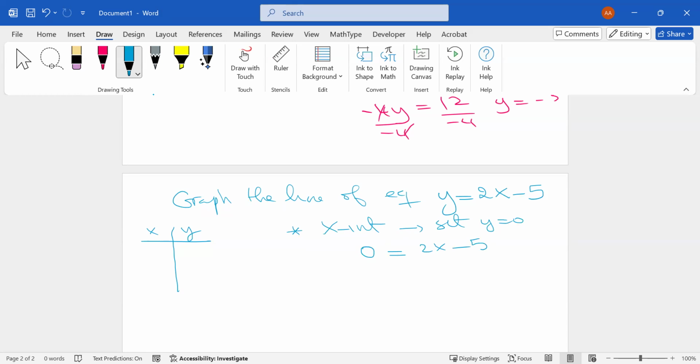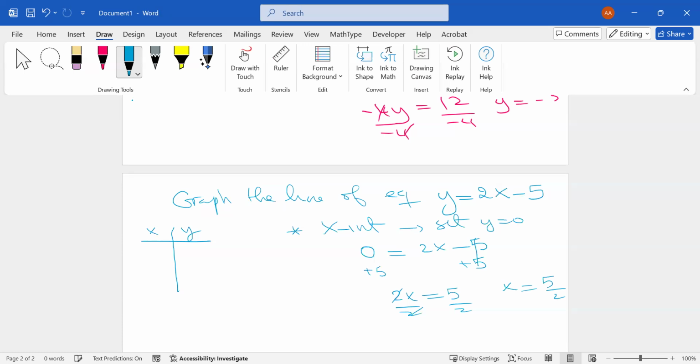Then I make sure to solve the equation correctly. On both sides, I add 5. So we get 2x equal 5, and then we divide both sides by 2. So we get x equal 5/2.